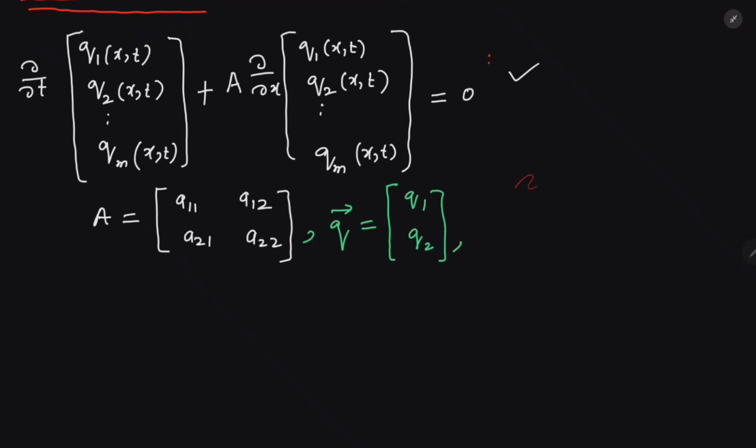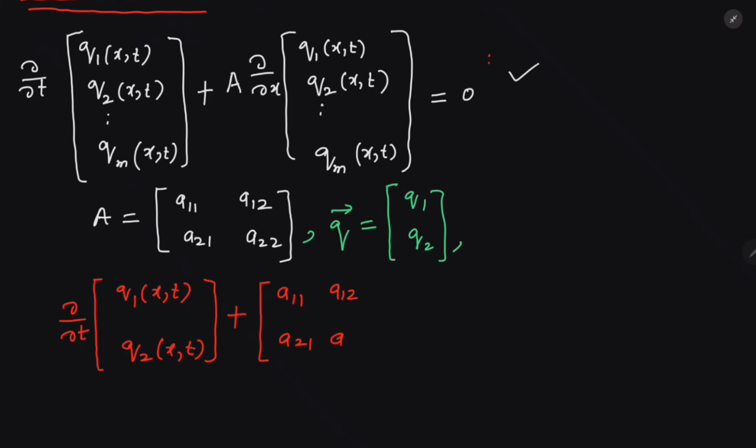And then we can write, for example, partial by partial t of Q1 xt, Q2 xt, plus A11, A12, A21, A22, and again we have partial Q1 by partial x, partial Q2 by partial x, is equal to 0.